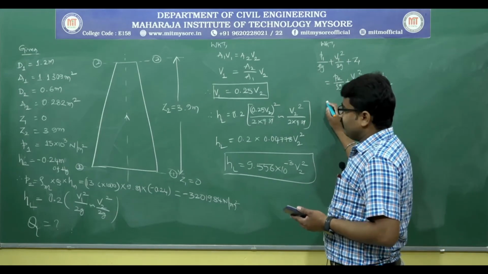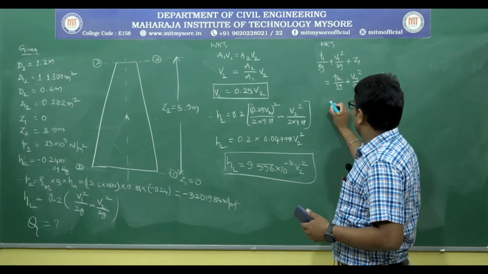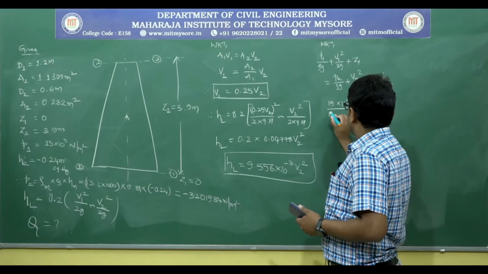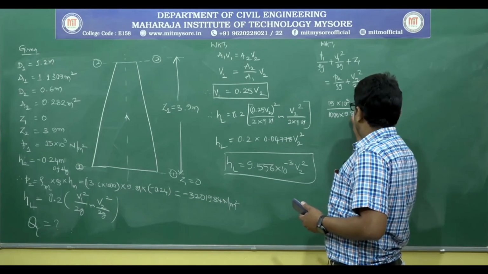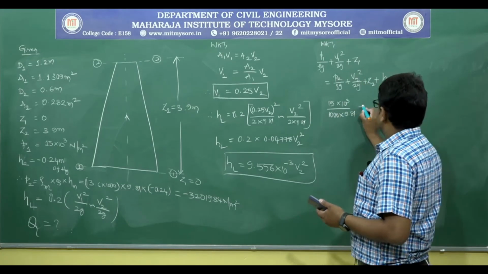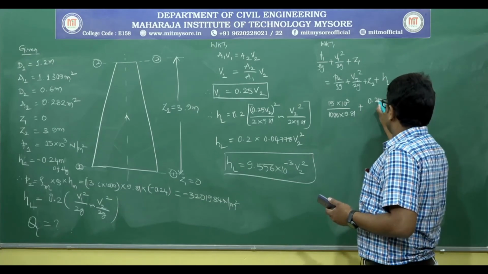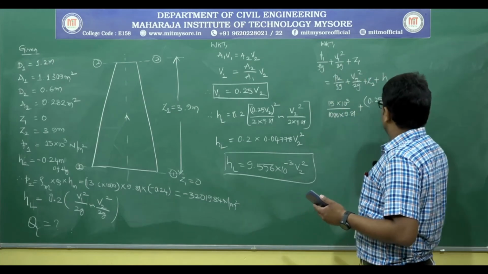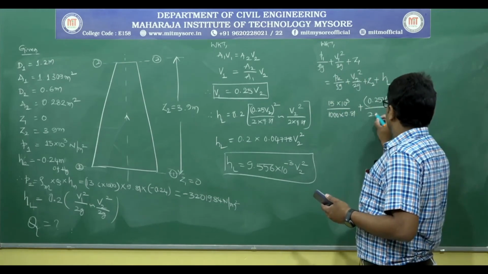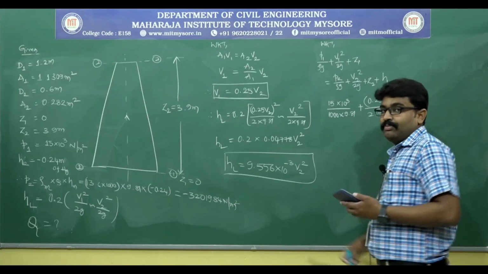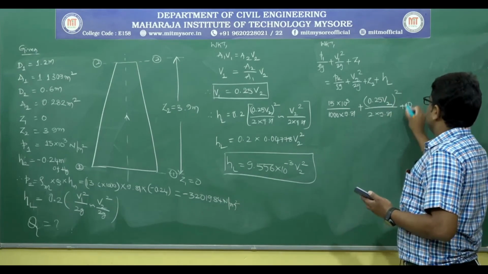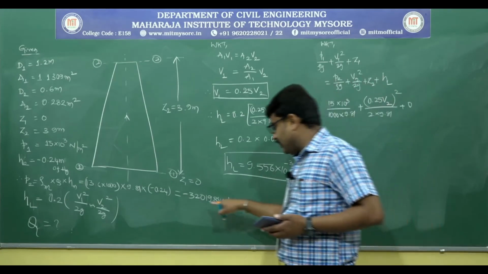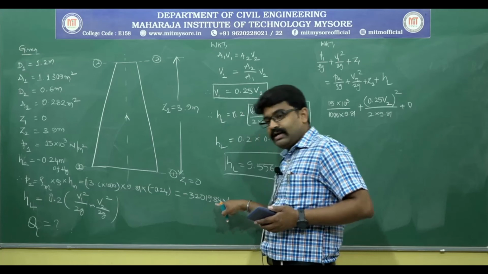So, what is P1? P1 is 15 kilonewton, that is 15 into 10 power 3 divided by 1000 into 9.81, plus V1. In place of V1 I will write 0.25 V2. V1 square was there, so 0.25 V2 whole square divided by 2 into 9.81, plus Z1 is 0. This must be equal to P2, you have found it to be minus 32019.84.